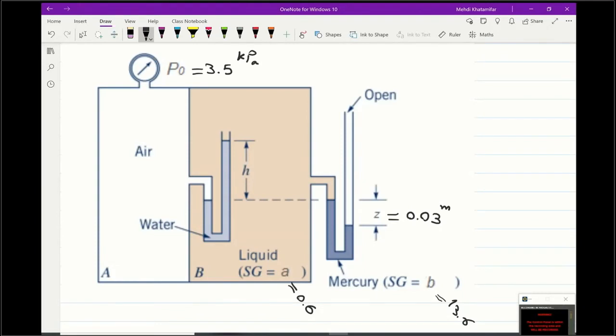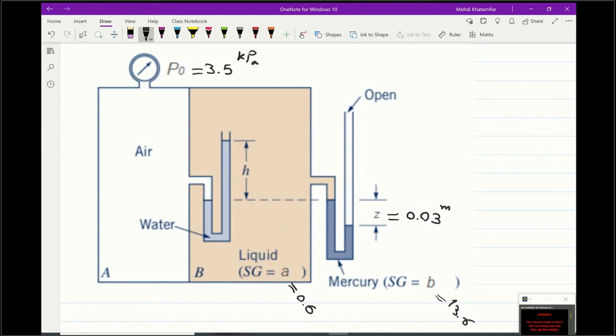Simplify it, otherwise you make mistakes.